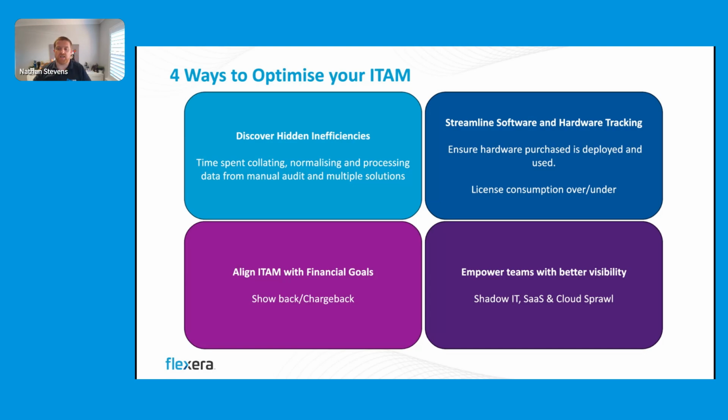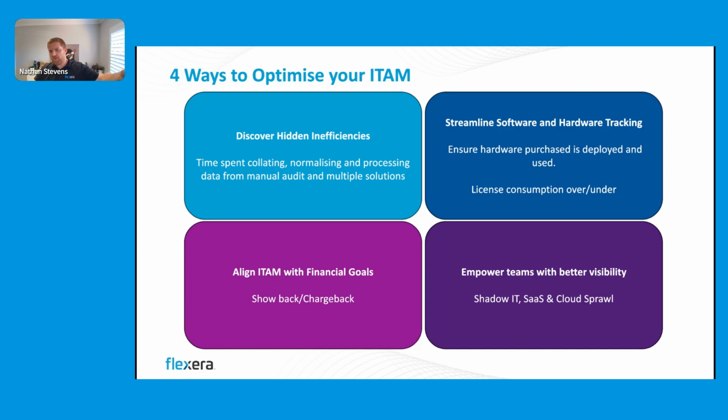Lastly, it's about empowering teams with better visibility. Here is really the old adage: you cannot manage what you cannot see. Where we have disconnected data across SaaS, cloud, on-prem, and all those different endpoints, it makes it very difficult to get to these outcomes. So what we want is faster decision-making and stronger governance over the data.